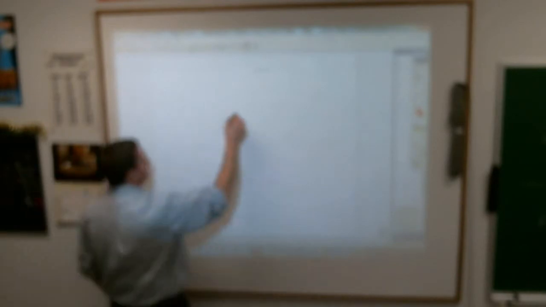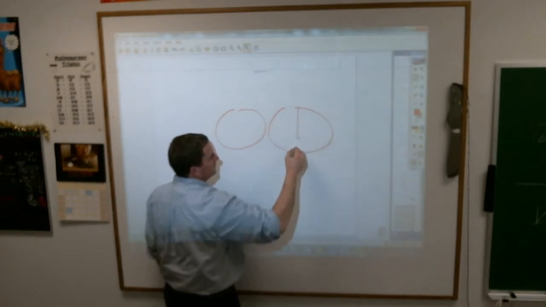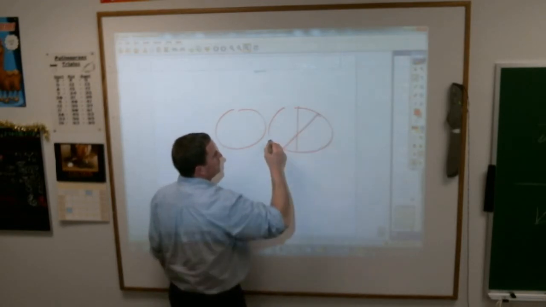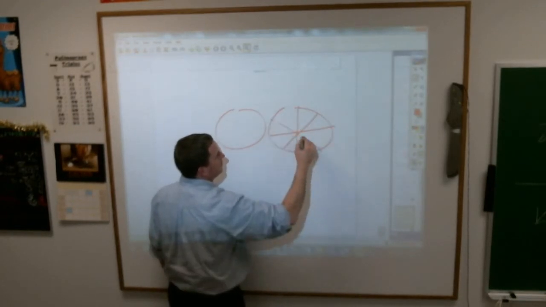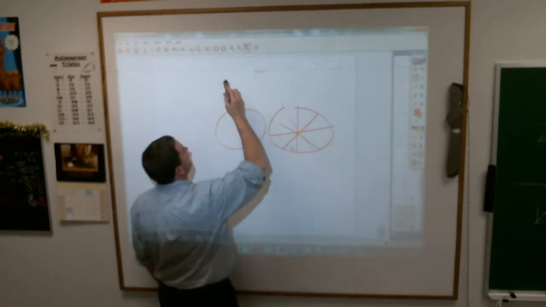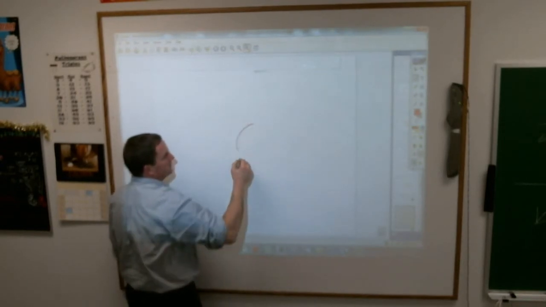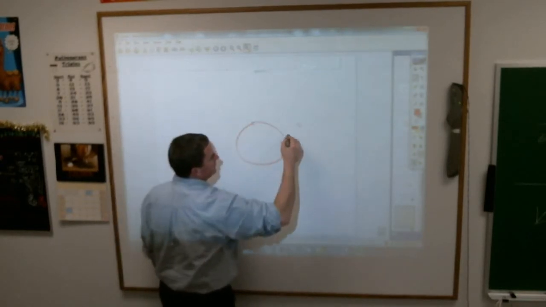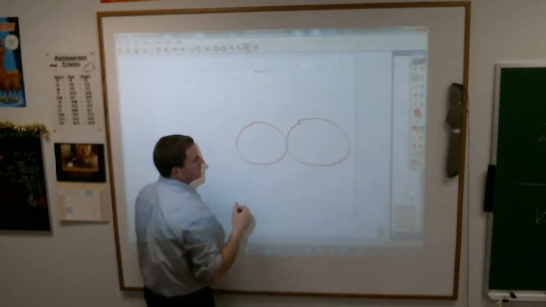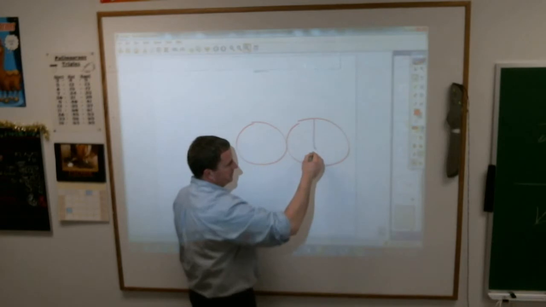How about this problem here? Or they'll do something like this. Check this out, let's see if we can do this. What's the best way to divide something into tenths? If I have a circle and I want to cut it into tenths, anybody got suggestions for me? Well, I could cut it in half, right?